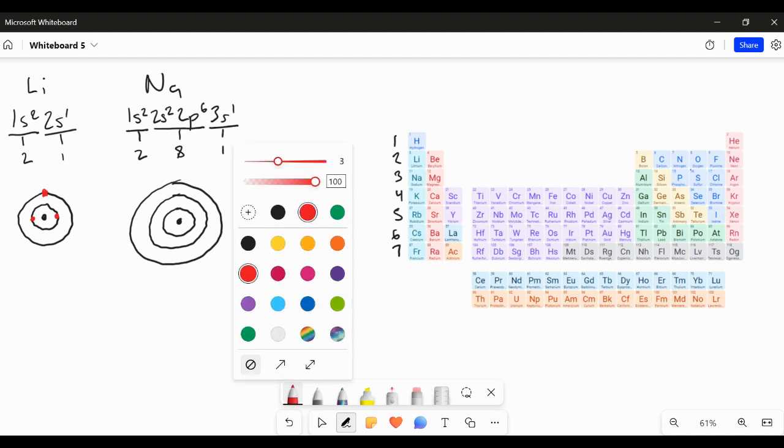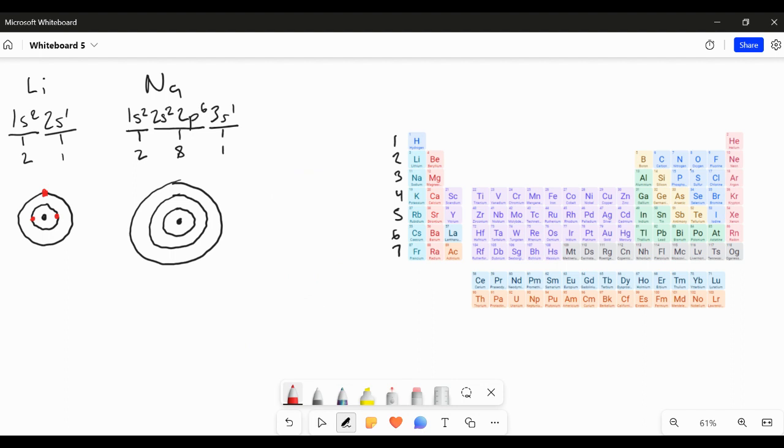Okay. My first energy level is going to have 2 electrons. 1, 2. Second energy level is going to have 8 electrons. Now, I want to put these into this second energy level in a very specific way because electrons want to be as far away from each other as possible.